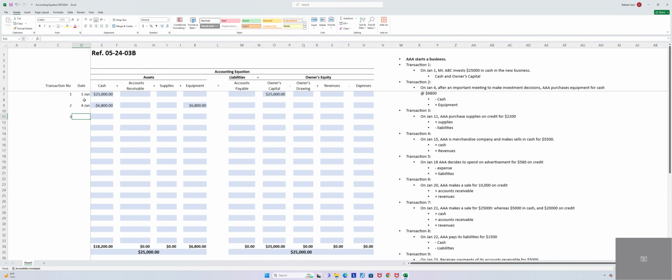Transaction number three, on January 11th, AAA purchases supplies on credit. That means it purchases supplies but doesn't pay in cash, so we add $2,200.